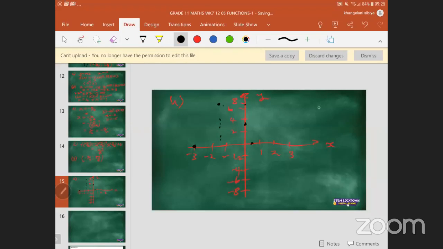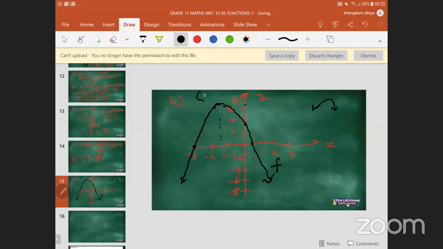So our shape, obviously, since our a is negative, it will be a sad face like this one. So you can see that this is your turning point, obviously. So it will go down like this. But then this is our x-intercept, then it will cut here, right? There we go. This is our graph, which is function f. And we have to indicate your turning point there.